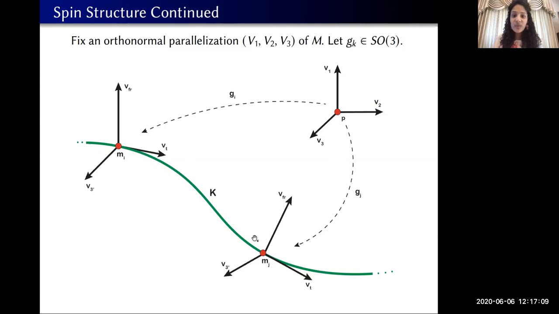And when you travel along the knot, what you get is actually an element in the fundamental group of SO3, which is Z2. So what we constructed was a map from the first homology of M with Z2 coefficients into Z2. And thus, the framing of a link in M can only be changed by an even number of full twists.